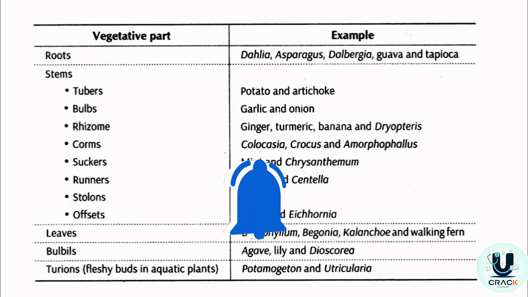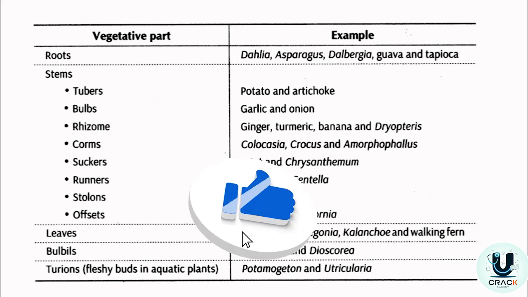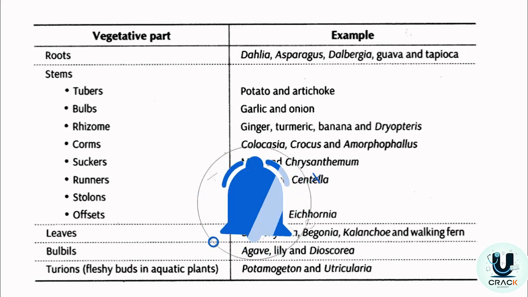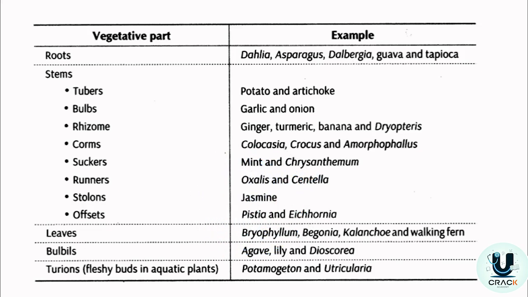Examples: roots, dahlia, asparagus, Dalbergia, guava, and Tropaeolum. Stem tubers, potato and artichoke. Bulbs, garlic and onion. Rhizome, ginger, turmeric, banana, and Dryopteris. Corms, Colocasia, crocus, and Amorphophallus. Suckers, mint and chrysanthemum.